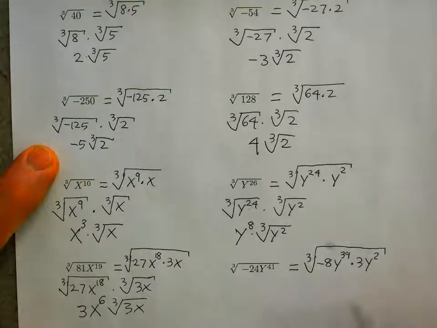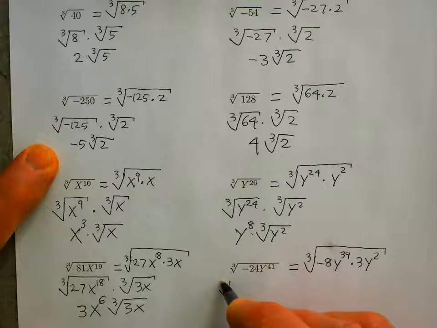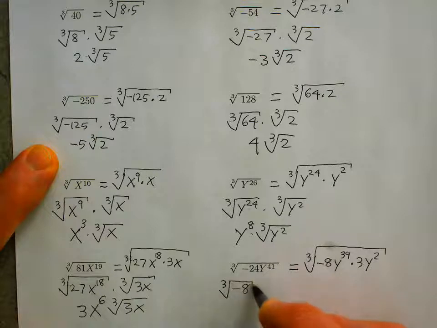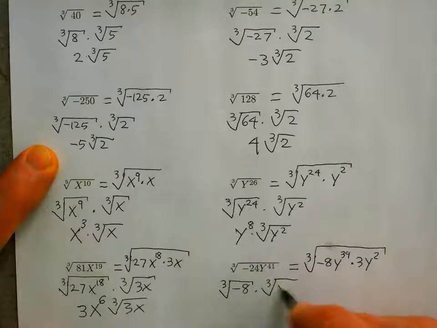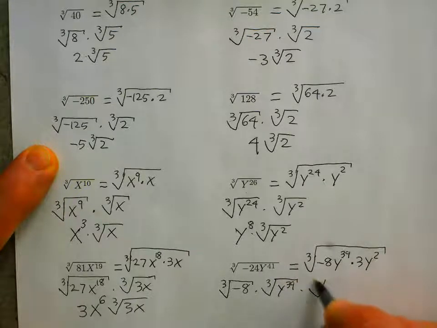So on the next one, I'll go into more detail than is necessary, but it might help. I'll write this as the cube root of negative 8 times the cube root of y to the 39th times the cube root of 3y to the 2nd.